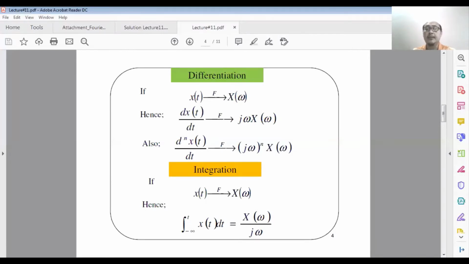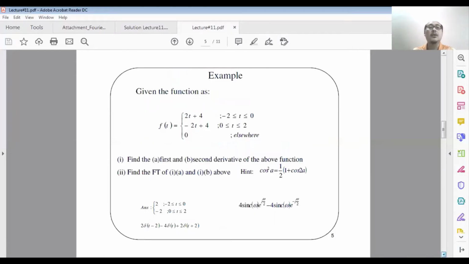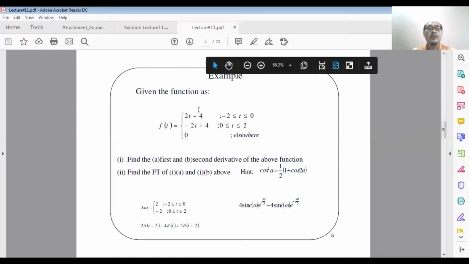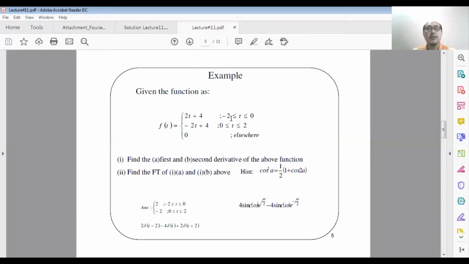Okay, so let's have a look at the examples. We are given this example here. The function f(t) is given to be 2t plus 4 from negative 2 to 0, negative 2t plus 4 from 0 to 2, and 0 elsewhere.